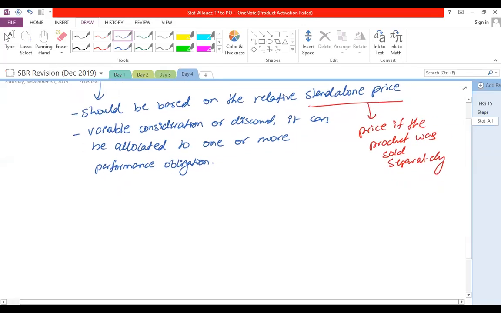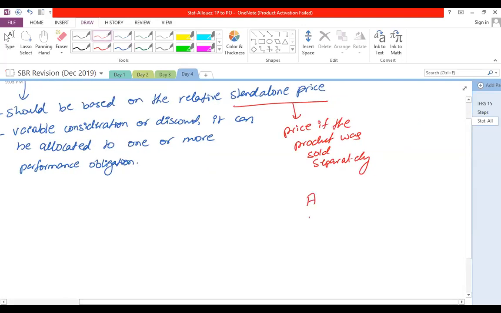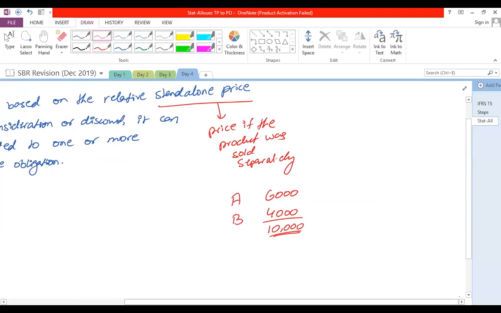Now let's have an example to understand this. Let's suppose that we have product A and product B. The price of product A is 6,000 standalone. The price of product B is 4,000 standalone, which makes a total of 10,000. But we have agreed with the customer to give them these products for only 8,000. This means that we are giving a discount of 2,000.